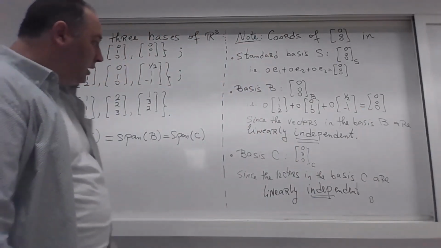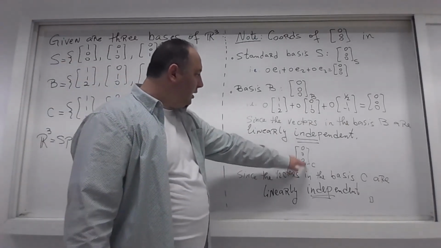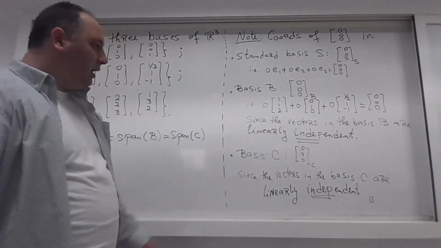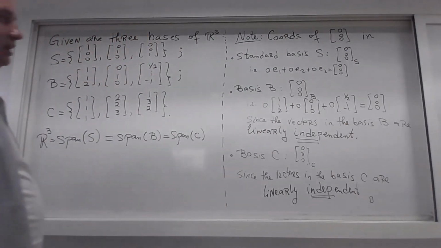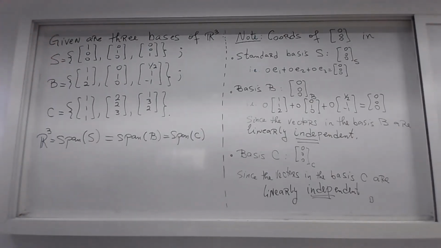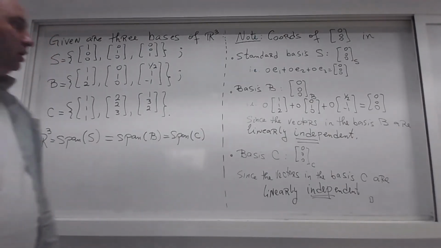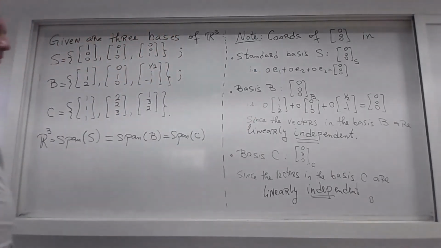We know that. Similarly for basis C, the coordinates of vector 0 in basis C are 0, 0, 0. Again, the reason is that the vectors in the basis are linearly independent. And by the definition of linear independence, that means that the only solution of this homogeneous system is 0, 0, 0. So that's very simple.